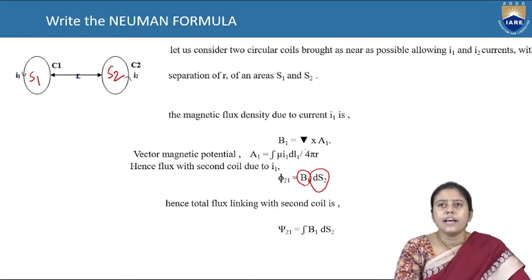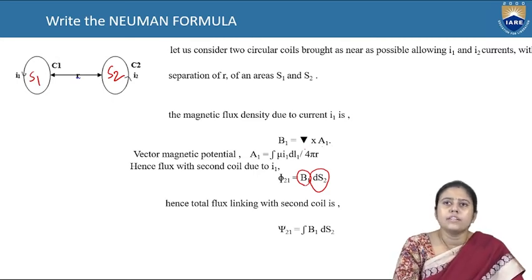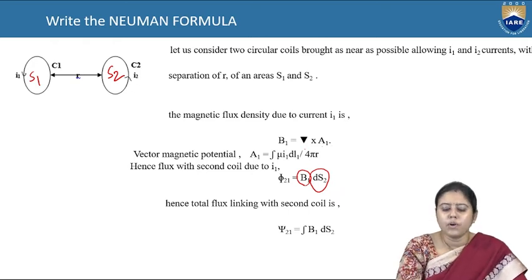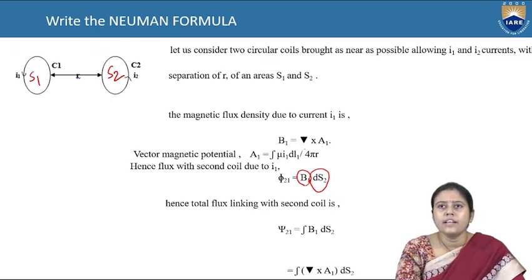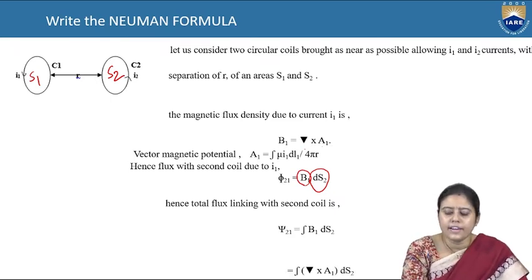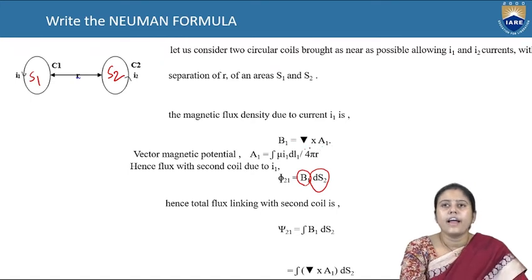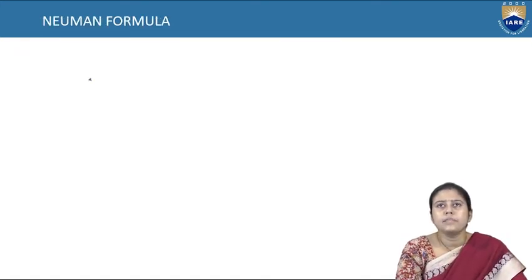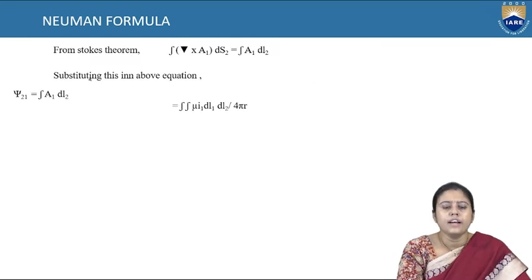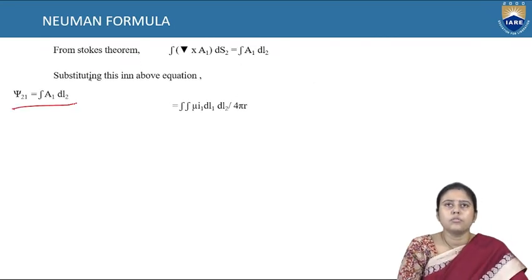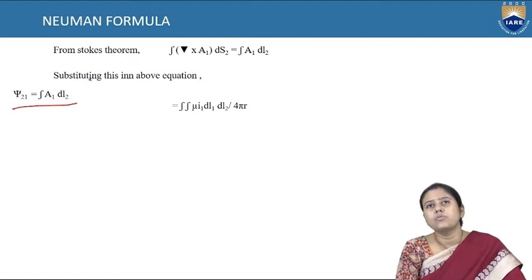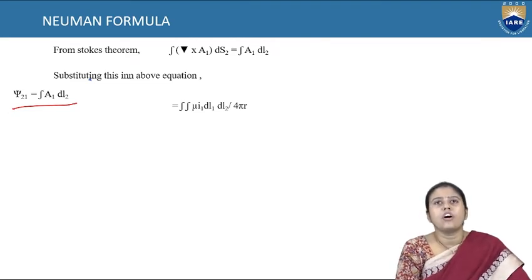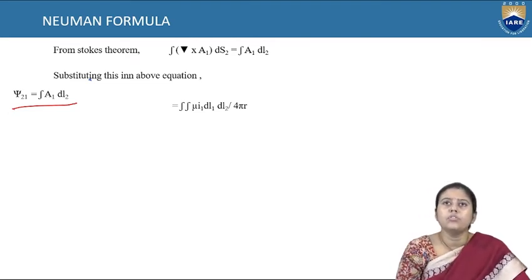And similarly psi 21, the total flux, is the integration of B1 ds2. In place of B1 we can write grad cross A1 ds2. What is the meaning of psi 21? The total flux of the second coil due to the first coil.